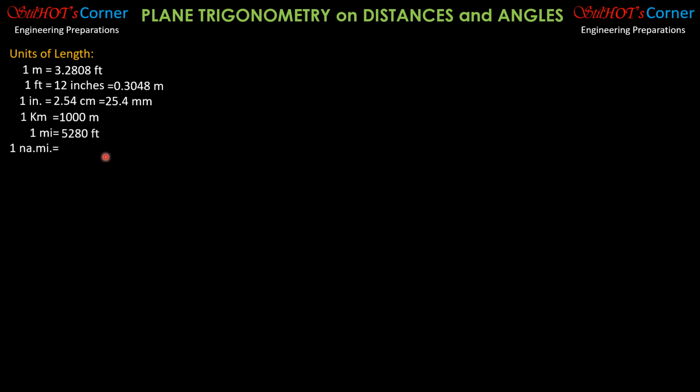Then 1 nautical mile in navigation is 6,080 feet. This mile here is to be defined later as we reach spherical trigonometry.